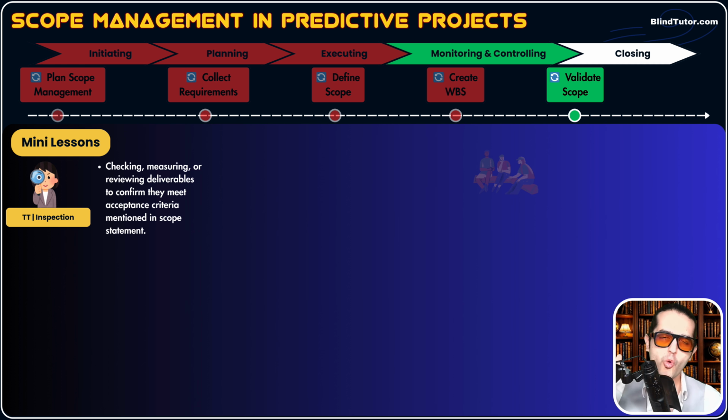It happens in 4 steps, guys. Step number 1, you as a PM organize a formal meeting, okay? A formal meeting with whom? With key decision makers, like your client, like sponsors or other key stakeholders, the people who pay you, okay? So you conduct a formal review of completed deliverables. Now, what are those completed deliverables?